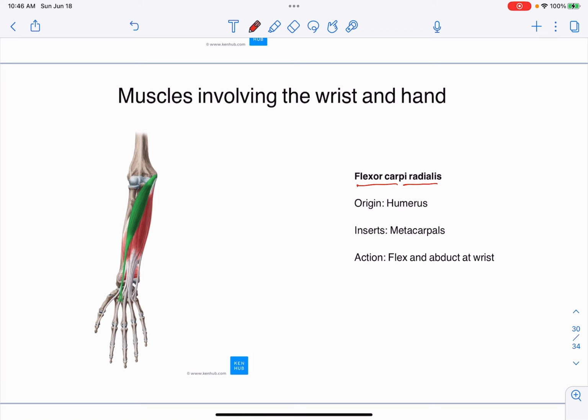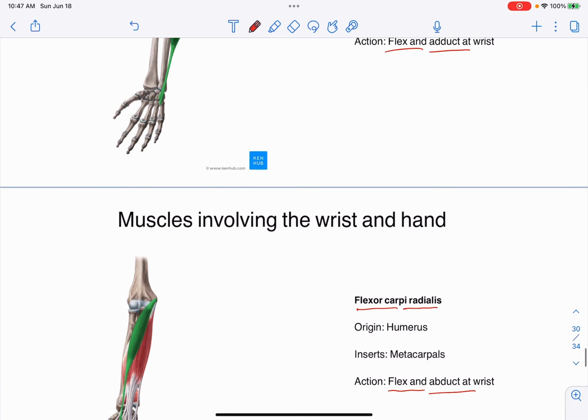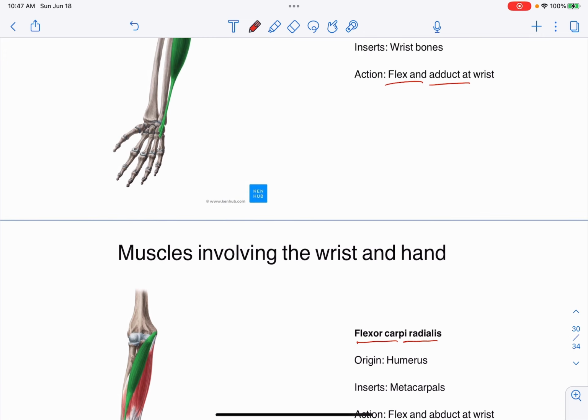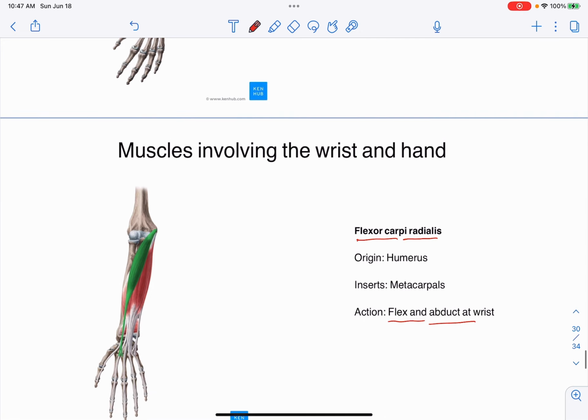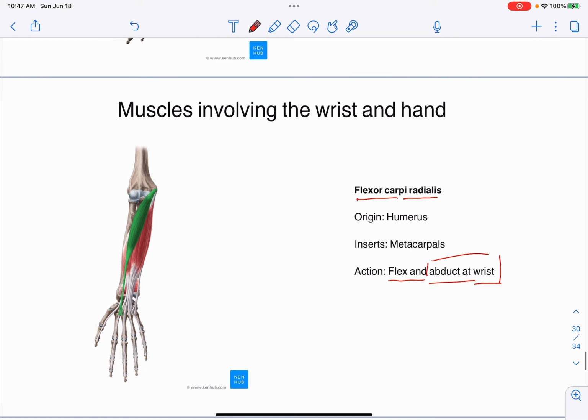It's on the radius side, and it's going to flex and abduct at the wrist. So the difference really comes down to whether it's abduction or adduction, because again, it's on a different side of the hand. So be sure to note that when you are studying the actions.